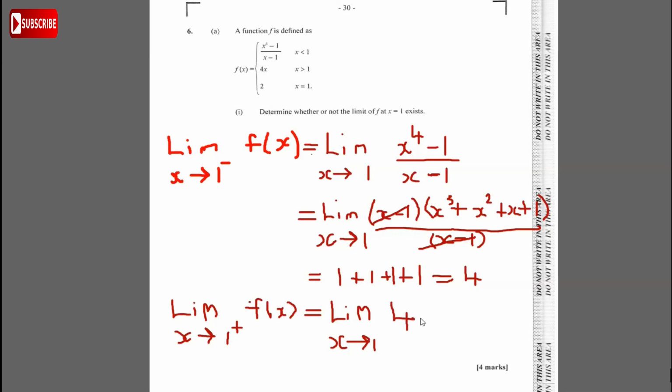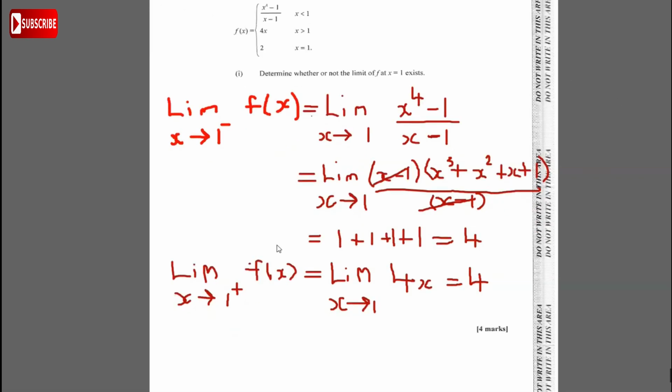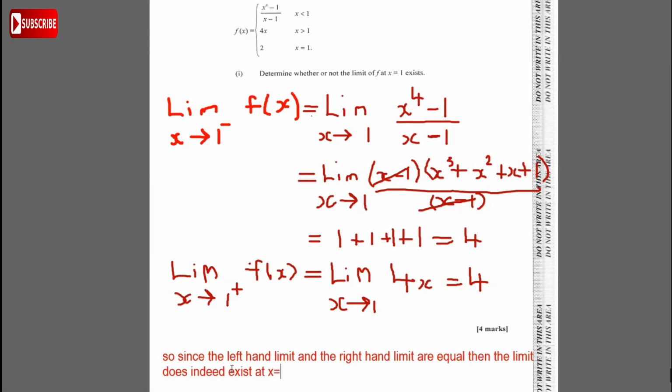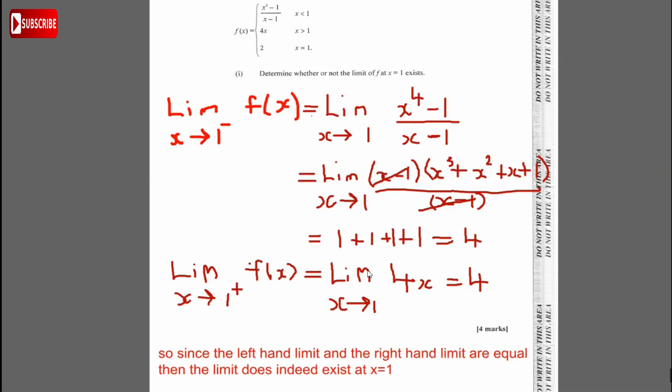So all you need to do is plug in x as 1 now, and what you're going to get is 4. Now, since the left-hand limit and the right-hand limit are equal, then the limit does indeed exist at x equals 1. So yes, the limit does exist.